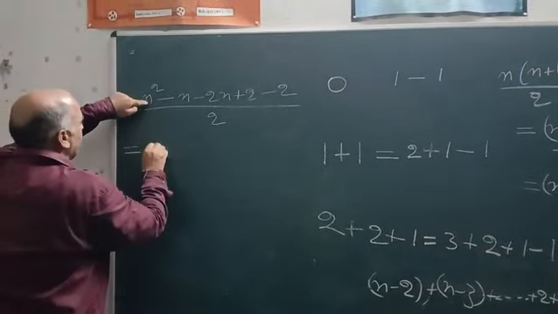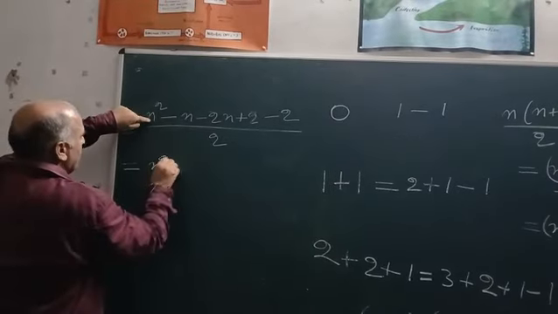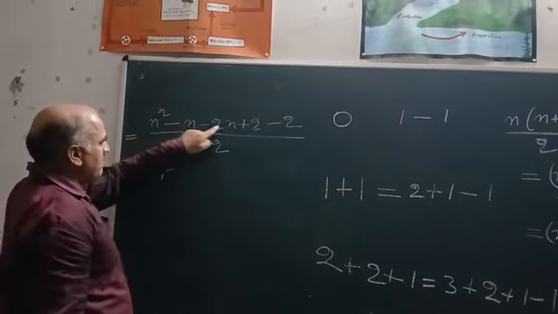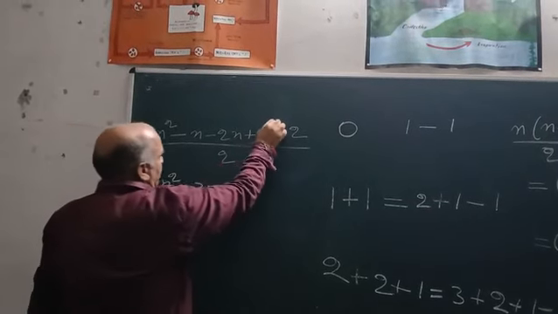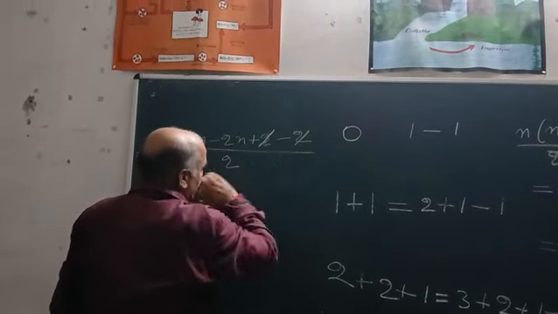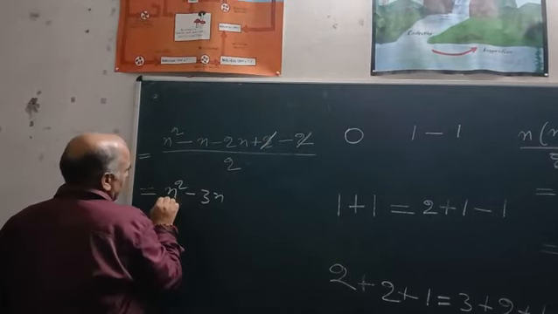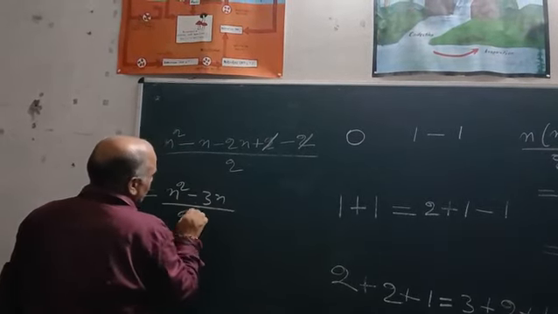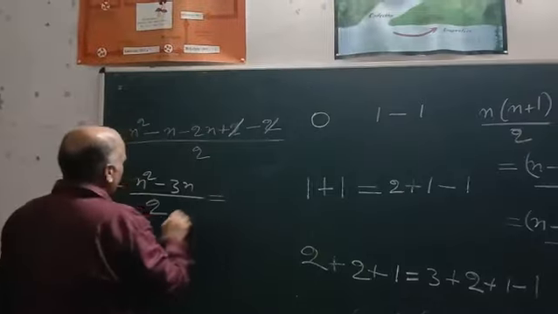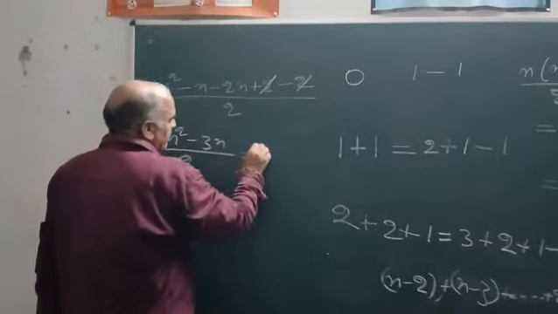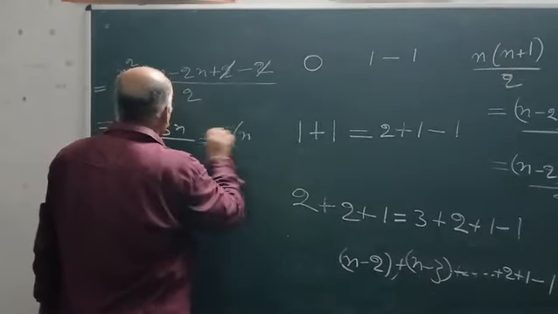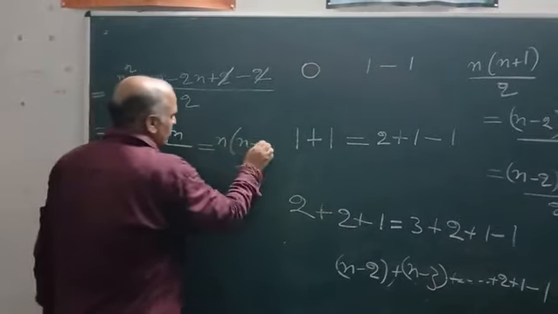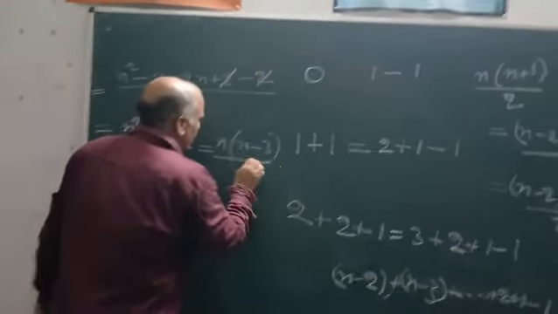You'll get n square minus n minus 2n, which is minus 3n, plus 2, and the plus 2 and minus 2 cancel. So divide by 2. Now just take n common, and you'll be left with n into n minus 3, upon 2.